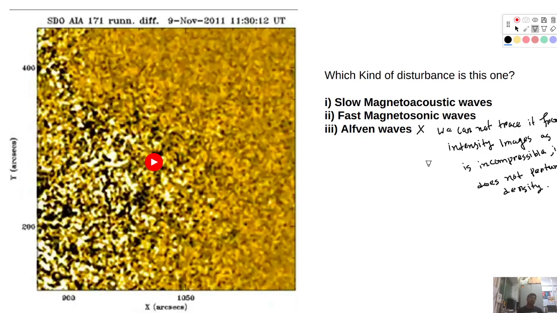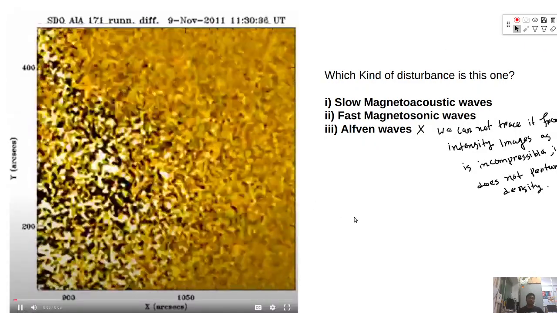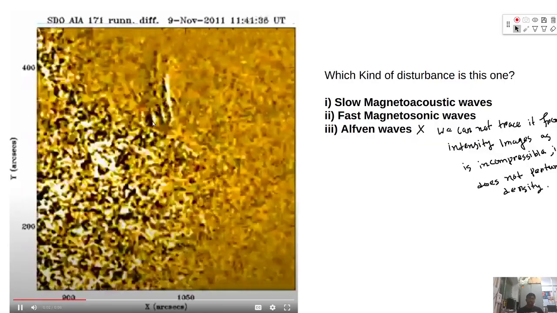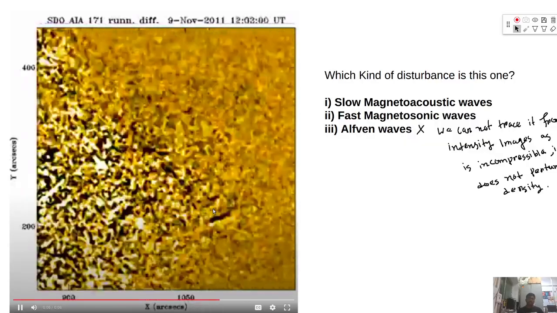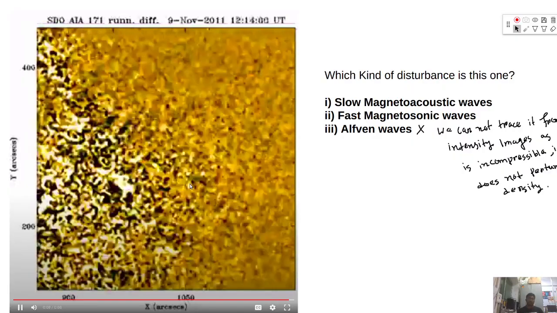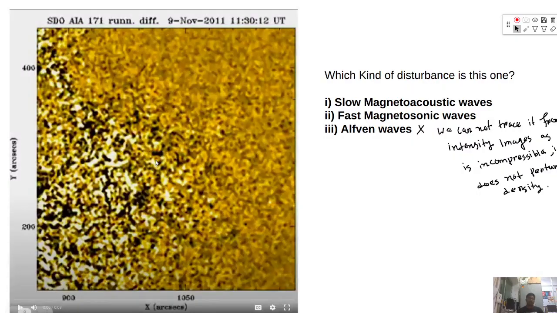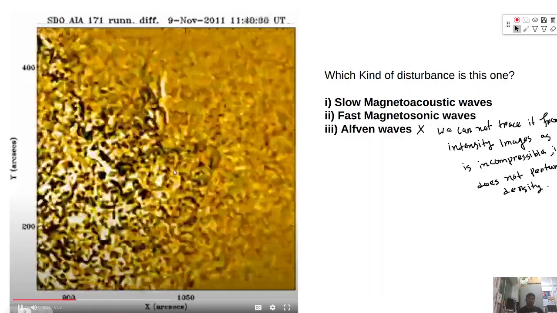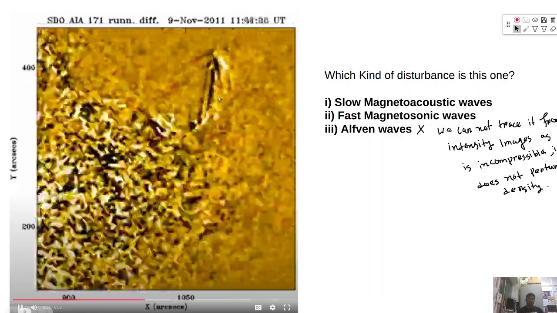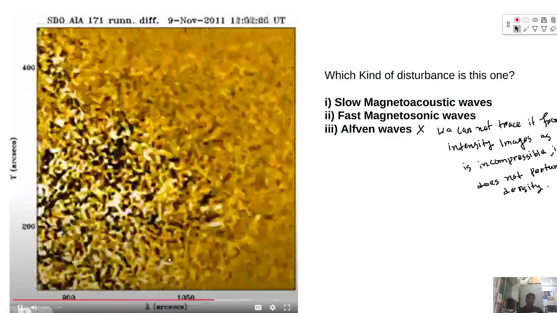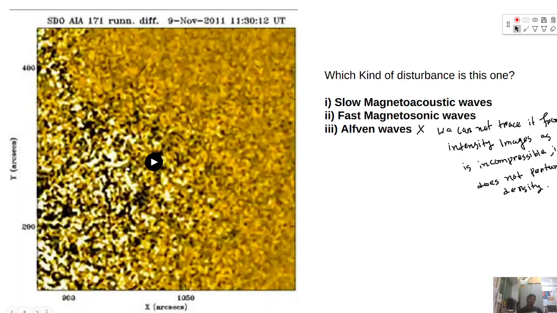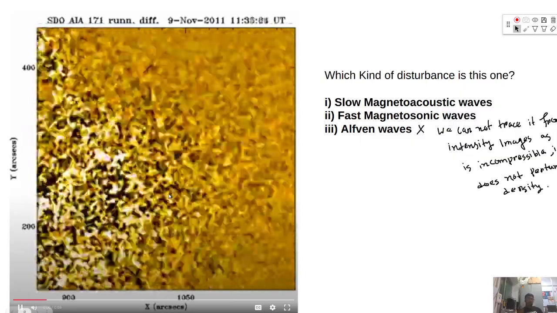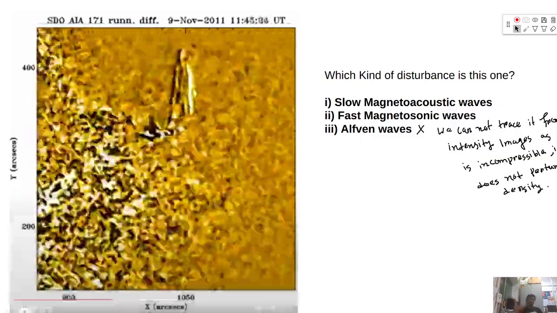Now if we look at this particular movie, you can find that there are some wave trains going, and here also you have some wave trains, right, which are moving. You can see here also these are some wave trains.